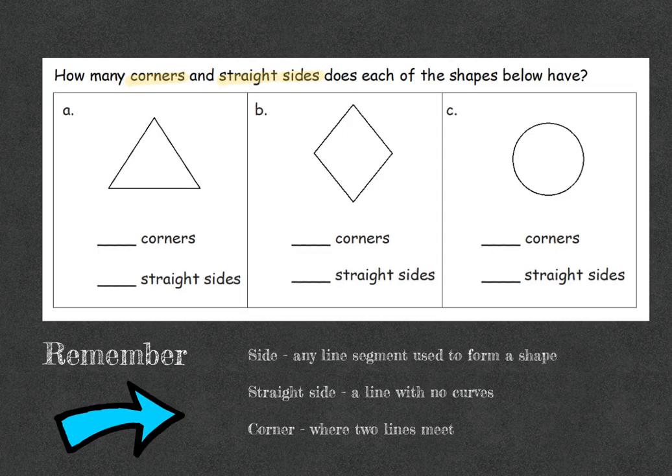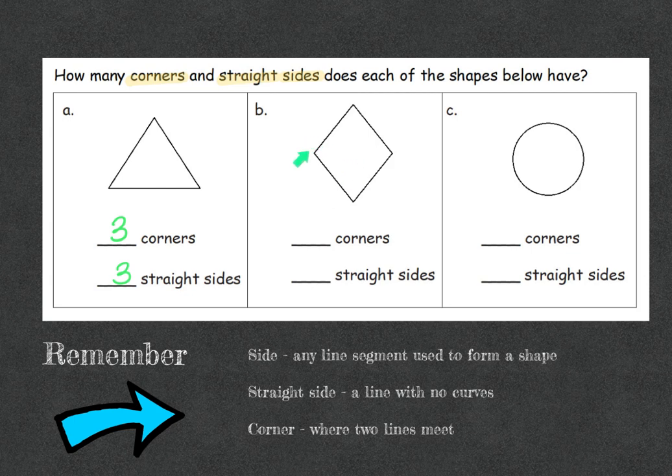In this exercise, we are going to look at how many corners and straight sides each shape below has. The first shape is a triangle. It has 1, 2, 3 corners and 1, 2, 3 straight sides. In B, we have a rhombus.